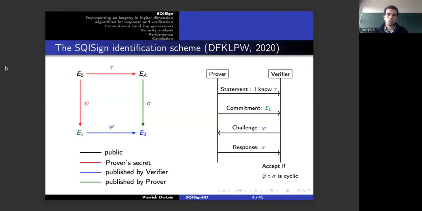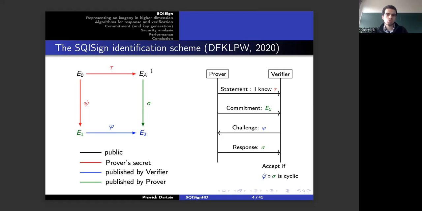As you probably already all know, SQISign is an identification scheme which is transformed into a digital signature via the Fiat-Shamir transform. So we have a public elliptic curve E0, which is basically the curve j equals 1728. Let's say that a prover knows some secret isogeny tau from E0 to EA, which is random in the isogeny graph.